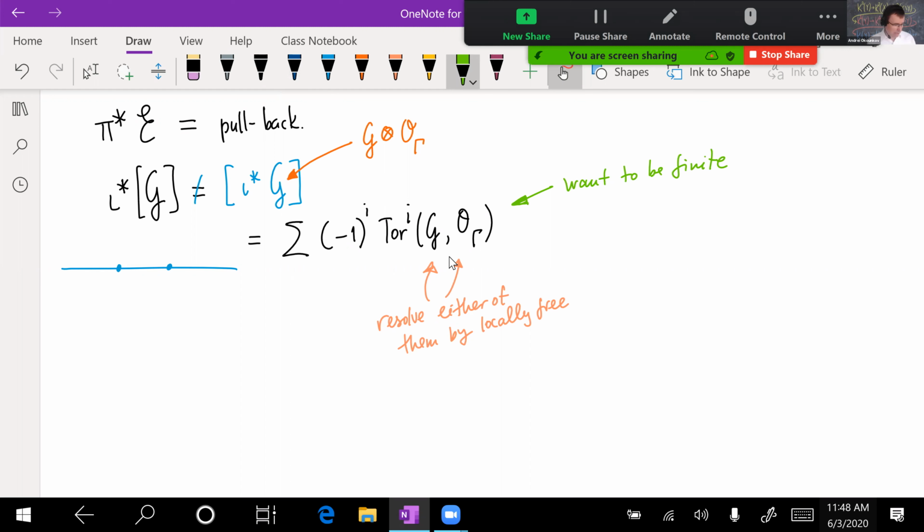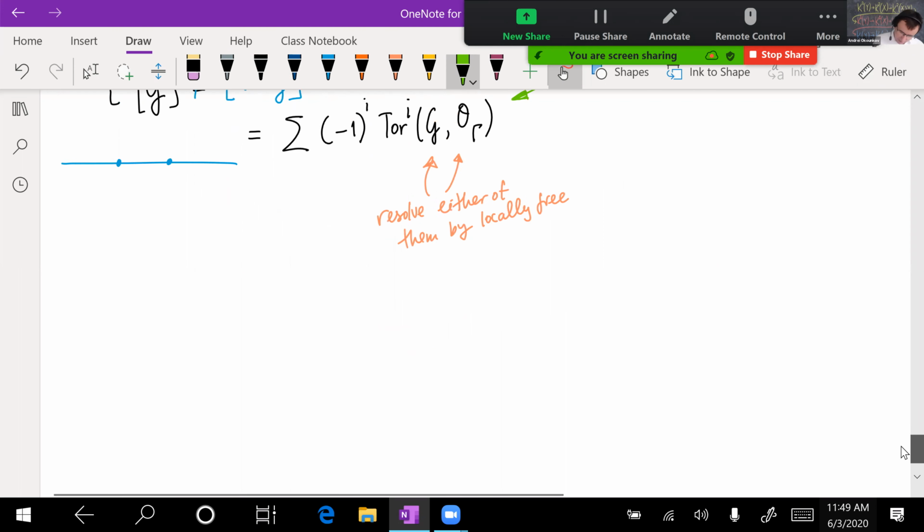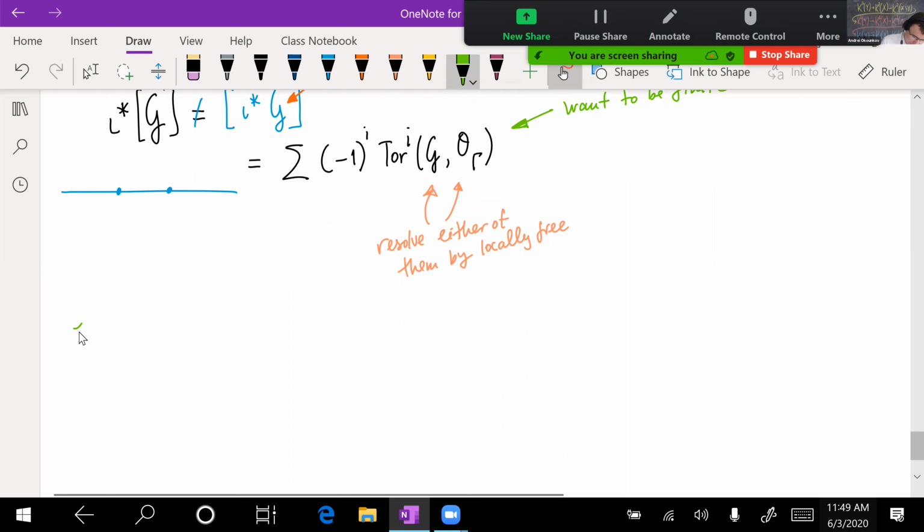For example, if I pull back a locally free sheaf, then I just pull it back, and my locally free resolution is just one term. Or if my map is flat, or at least has finite Tor dimension. So I have to make some assumptions here. Equivariantly, this may be relaxed.